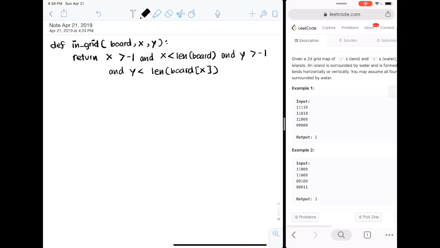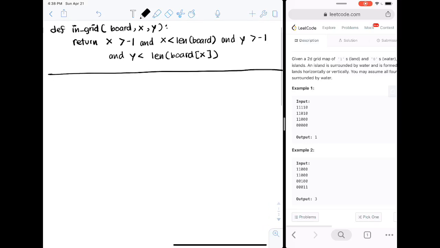Okay, so I think that's pretty straightforward, where x and y kind of correspond to the traditional i and j. You can think of them as those two. Okay, so we have this thing written, and we'll probably need to use that later.